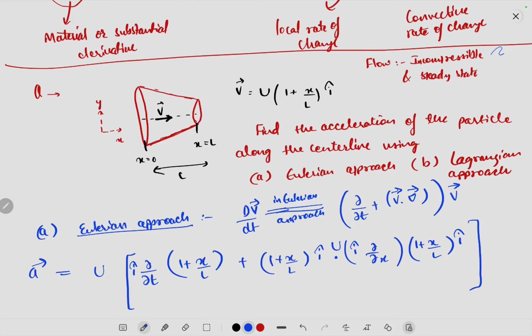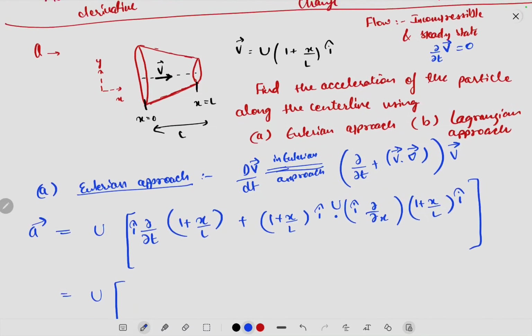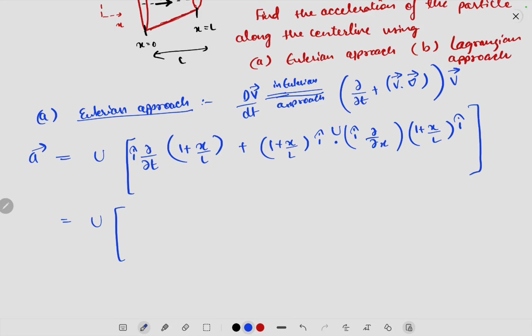So incompressible means that the density is not changing as a function of space and time, and steady state means that this del v by del t of the velocity is 0. Okay, so del v by del t we had here.